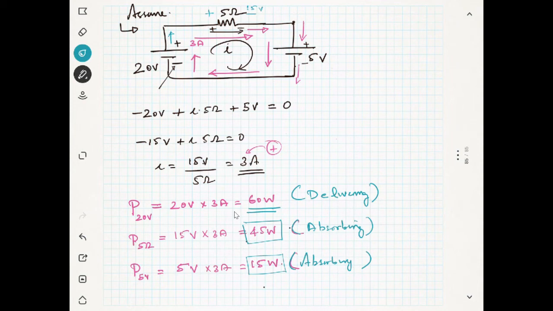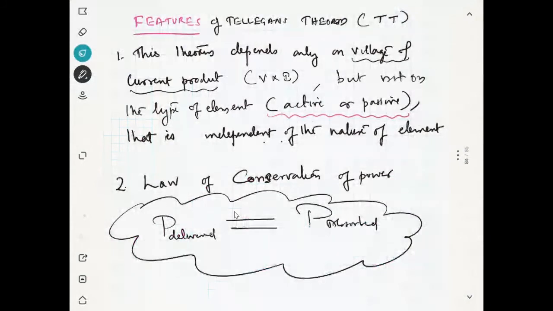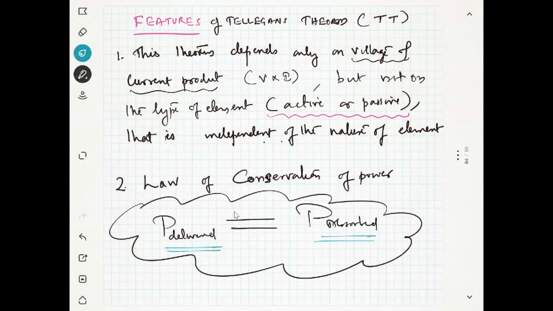So you can see it is satisfying Tellegen's theorem. Is it clear to you? Total delivering is equal to total absorption. So this is what I want to tell you.